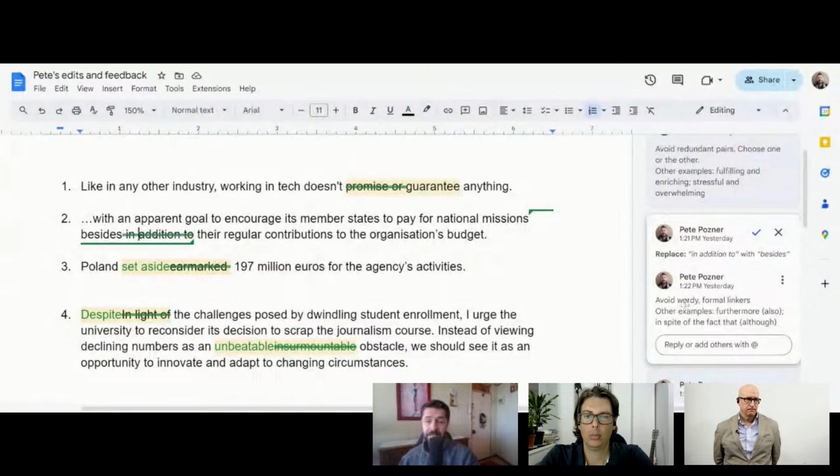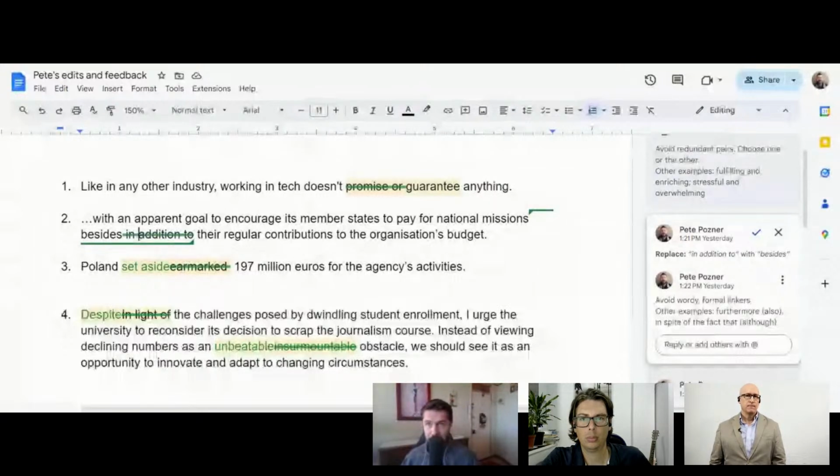Other examples are things like furthermore, right? Usually, if you're writing for a broad audience, you would favor the linker also. Or this is a very wordy linker that I've seen a lot. In spite of the fact that it was raining, we went to the beach.